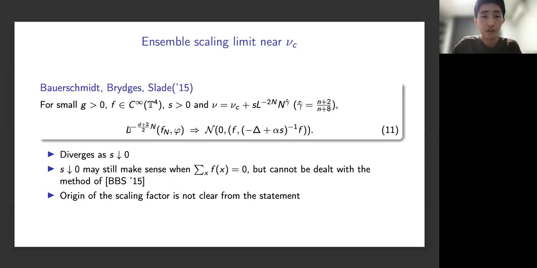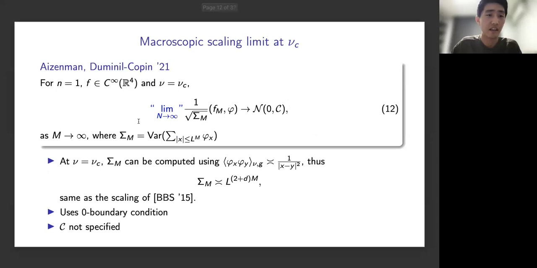The origin of the scaling factor is perhaps better explained in the Eisenman-Newman-Koppang theorem. So they look at exactly the critical points, and for the case where there is only one component for the phi formula.